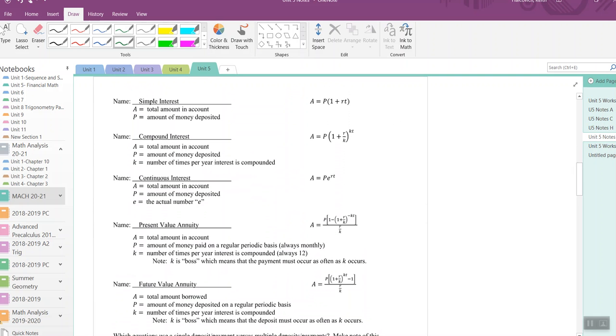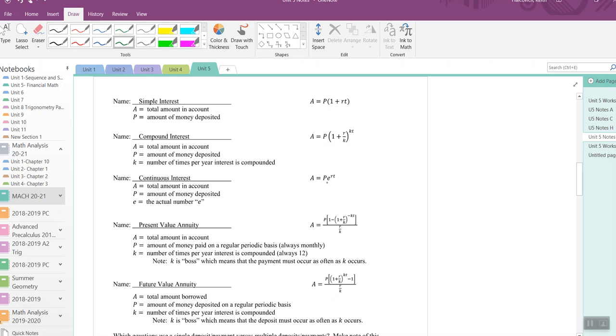Some formulas are next, for example, simple interest and compound interest. Remember the difference between compound interest and future value. For future value, you make regular deposits, whereas for compound interest, you put a lump sum of money in and just let it sit there.